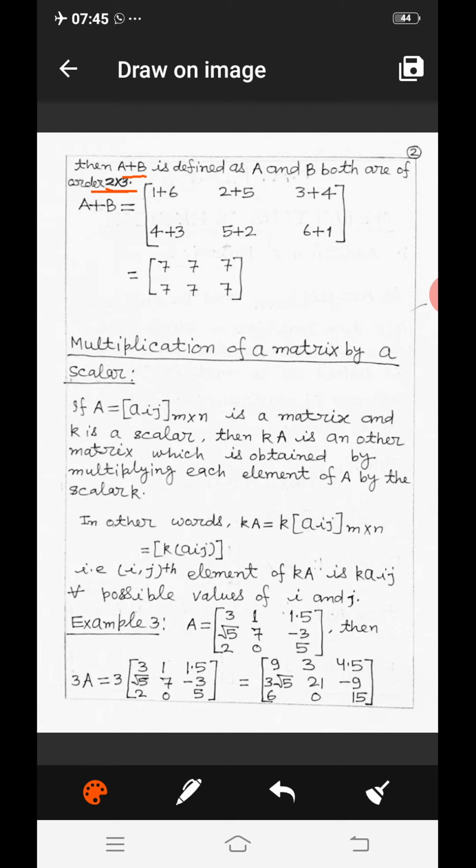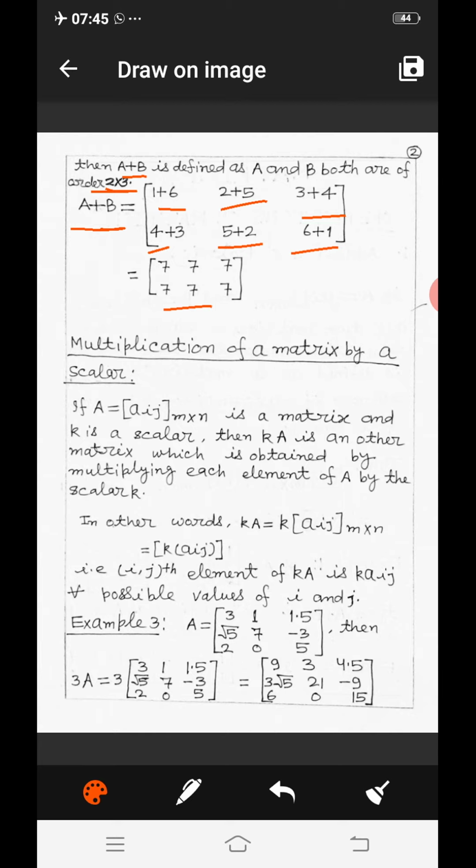So, A plus B equal to 1 plus 6, 2 plus 5, 3 plus 4, 4 plus 3, 5 plus 2, 6 plus 1. Here we add the corresponding elements of matrices A and B, and this is equal to 7, 7, 7, 7, 7, 7.